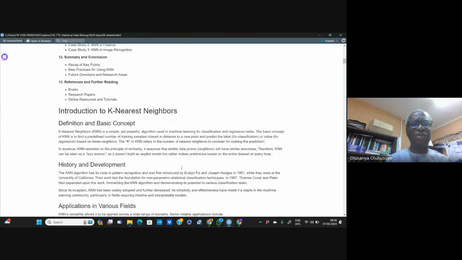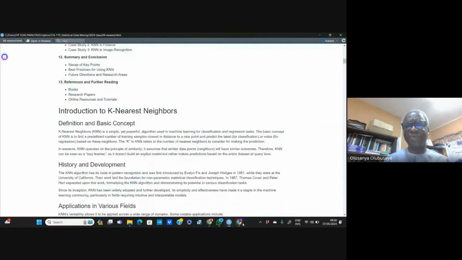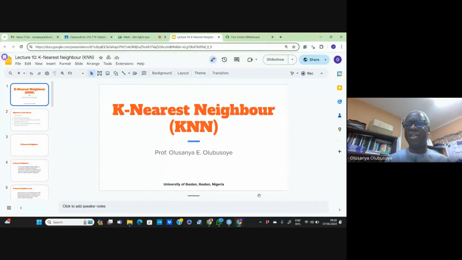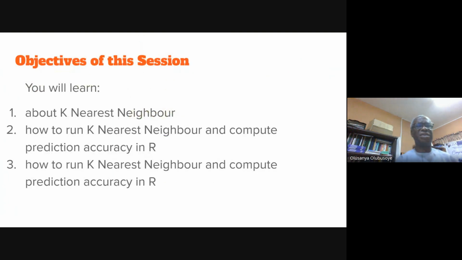So before we go to the introduction, I would rather want to use the slide I shared, this slide, to introduce you to the idea of K nearest neighbor. So first, in the slide, you want to know about K nearest neighbor.